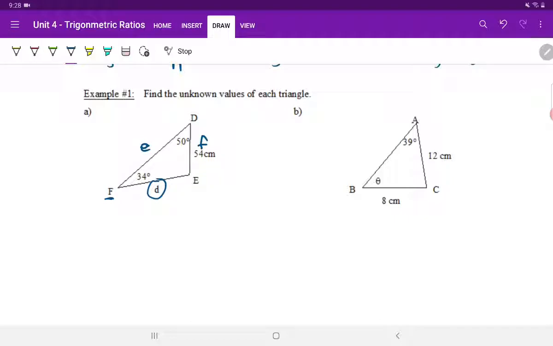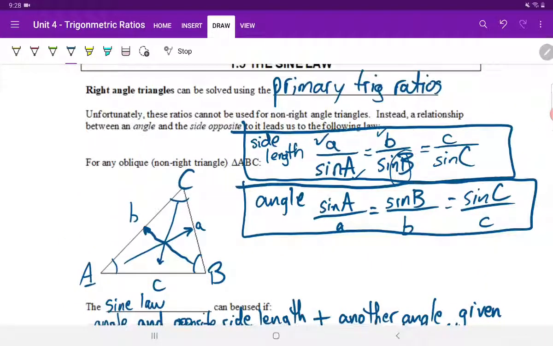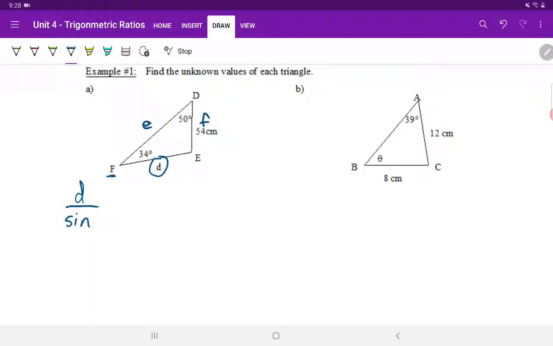Okay, so let's write out our formula. Now we're solving for a side length, so let's use this version of the formula. So I had mentioned that up above. Use the version where the side lengths are in the numerator. It'll just be a little bit easier for us.